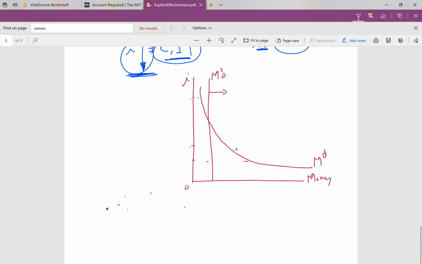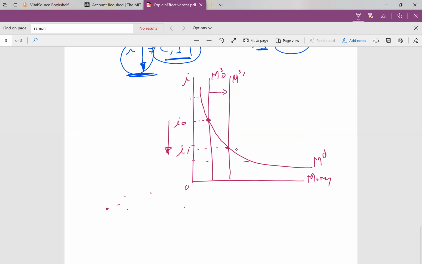I'm going to increase it by this amount. So I'm going to go from this interest rate, which I'm going to call I0, to this interest rate I'm going to call I1. Now, this is the size of the drop, that much.